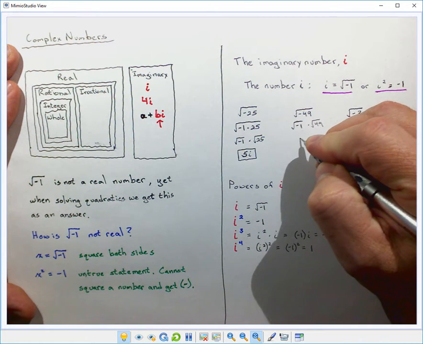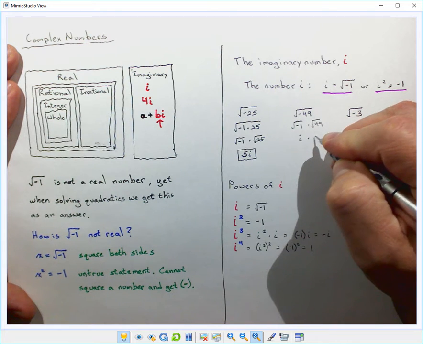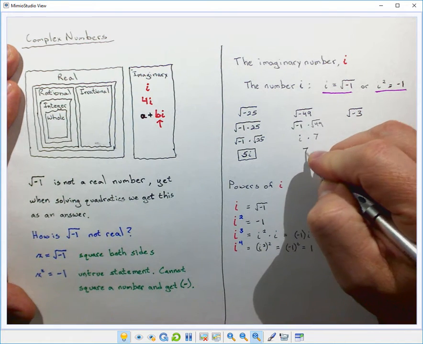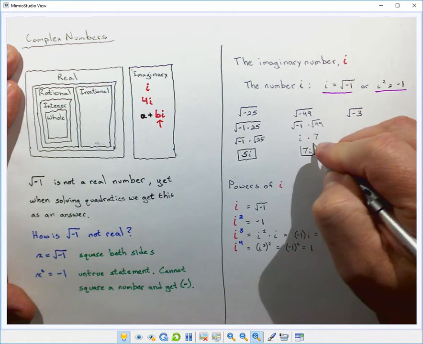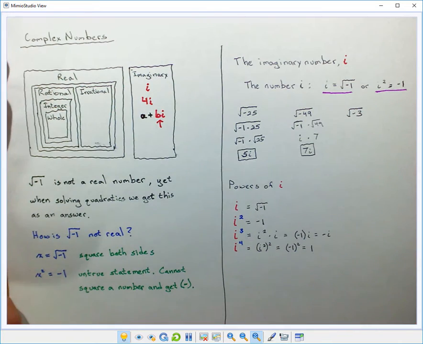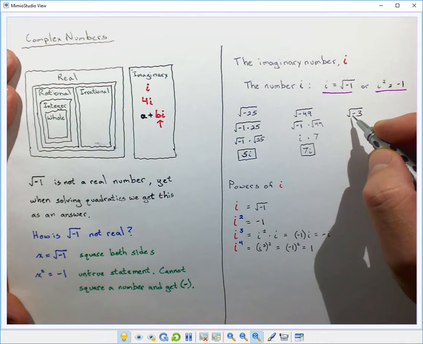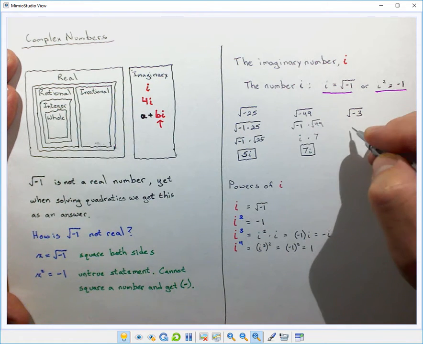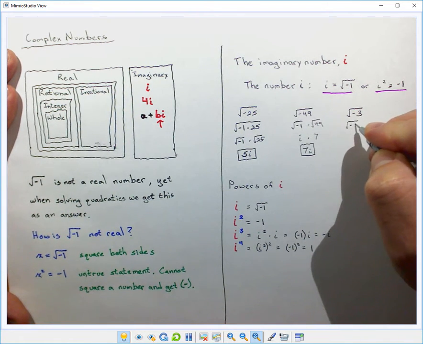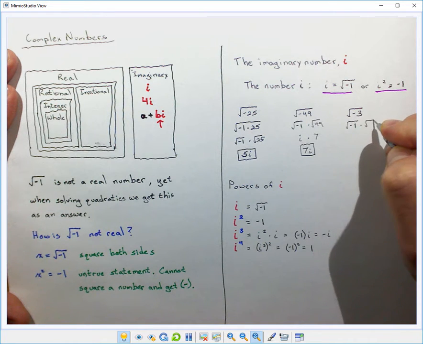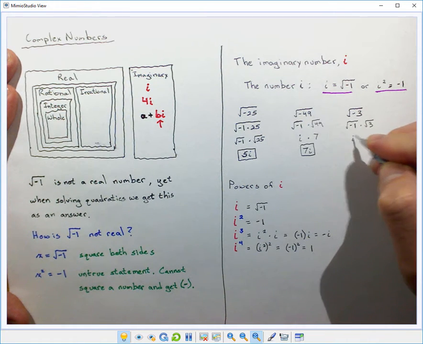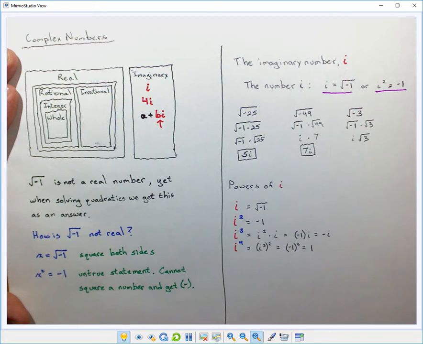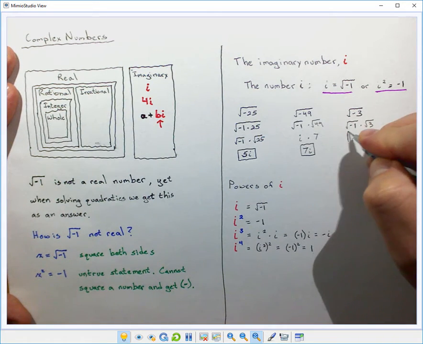And I know what I get is i times 7. And that leaves me with 7i. And for the square root of negative 3, same thing. And that is my answer for that one.